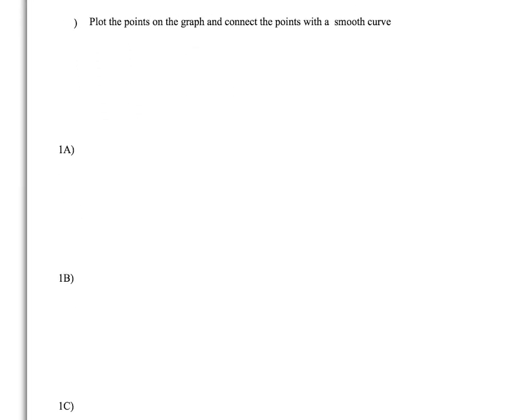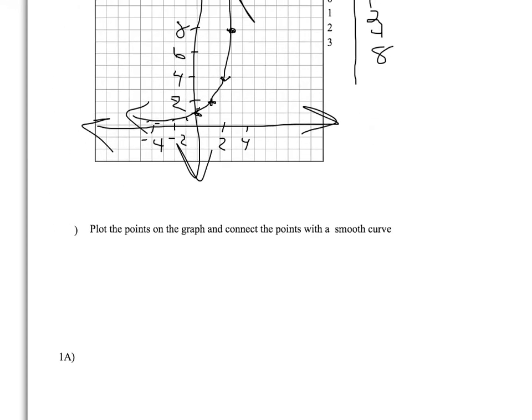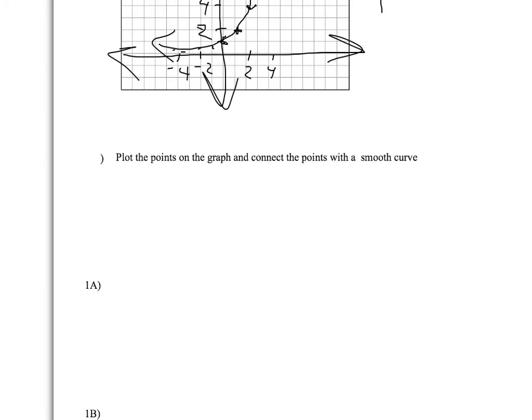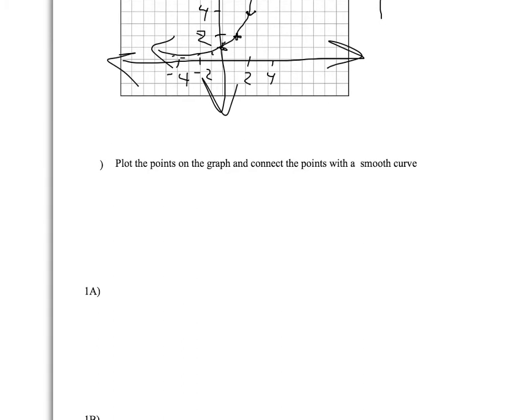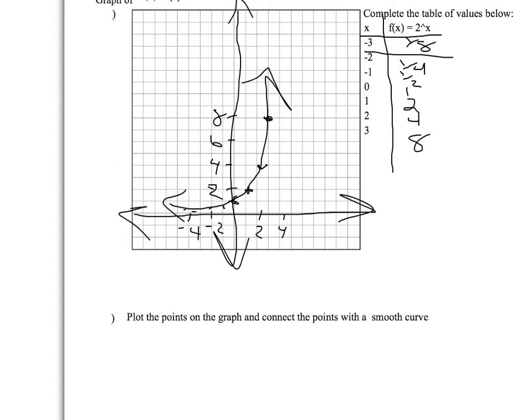Question 1a. It says, what happens to f of x as x increases without bound? And what happens to f of x as x decreases without bound? Well, 1a is asking, as x is increasing, so as my x's are getting bigger and bigger and bigger, what is happening to f of x, or what is happening to my graph. Looking at this graph, we can see that it's increasing.